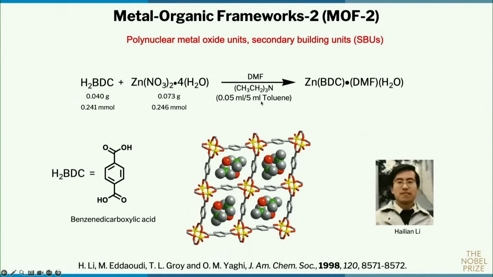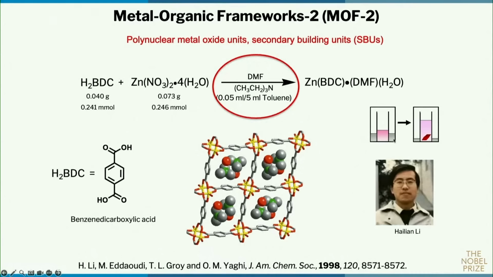The reason this is a magic recipe is that this amine, he was very clever in that he did a very classic crystallization where he diluted the amine in toluene, set it outside the solution, and then because it was dilute, it slowly diffused in, and this slow diffusion deprotonates the acid and starts the reaction with zinc. You have more control over this chemistry.